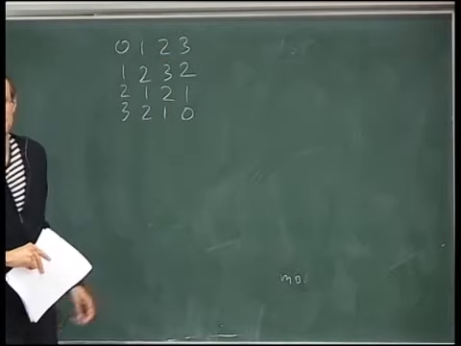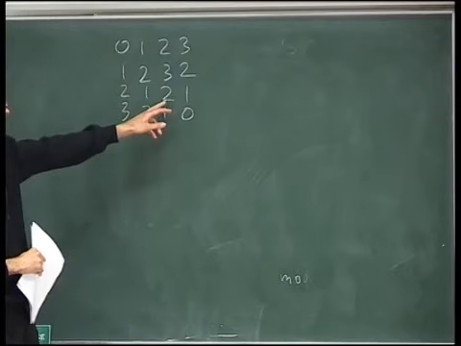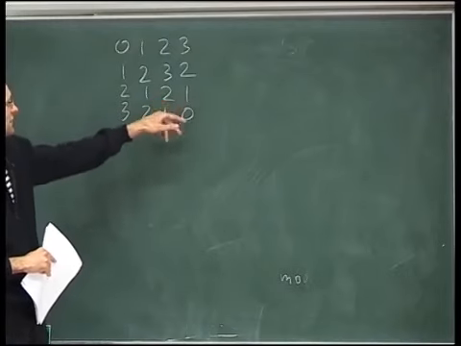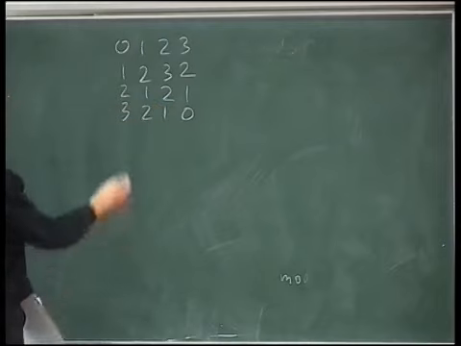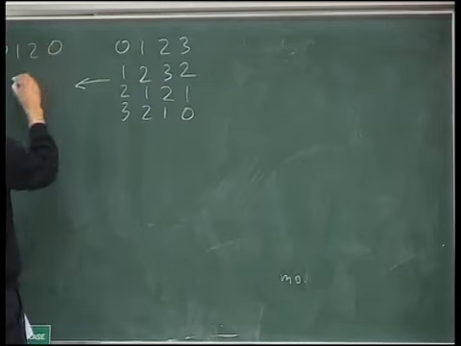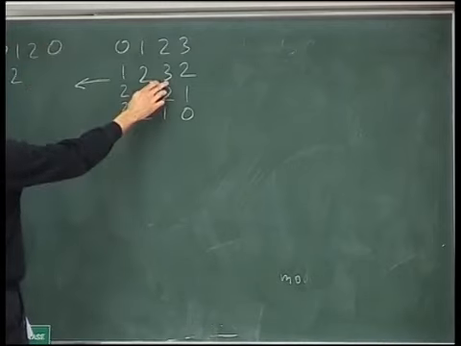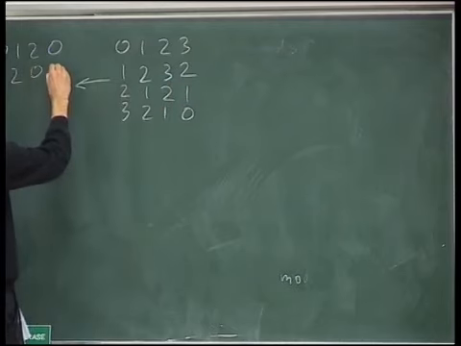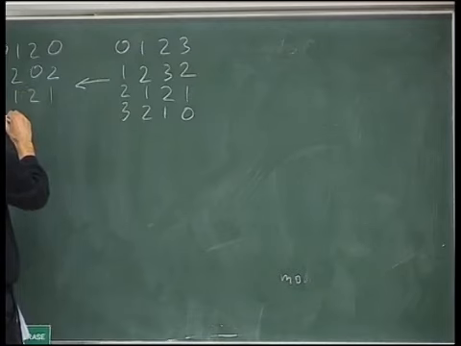Okay, so this is a height matrix, because if you look carefully, any two neighboring entries here differ by exactly 1. So the reduction to the chessboard, that's just given by reducing mod 3. So the 3's become zeros.